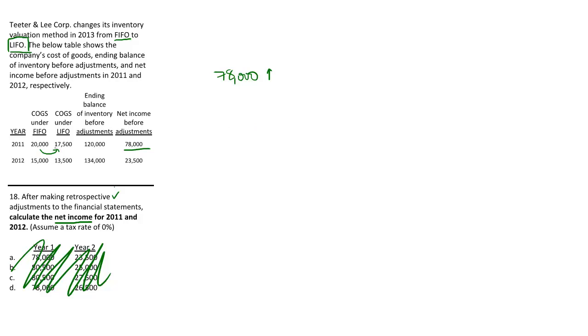The difference between these two is going to be 2,500, so we're going to add 2,500 to this value, which should give us a total amount of 80,500 for net income. Because our expense was lower, our net income is going to be higher.